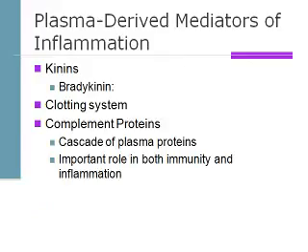One of the other aspects within this is these plasma-derived mediators of inflammation. There are three main ones that we're going to talk about. We've got our kinins, the clotting system, and the complement proteins. Kinins, the main one that I want you to know about, or that you'll probably hear about most, is something called bradykinin.